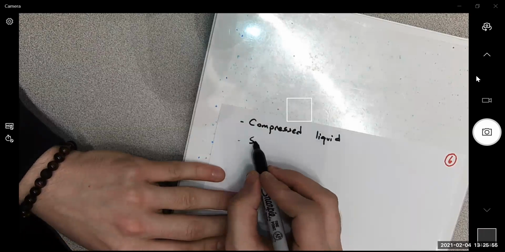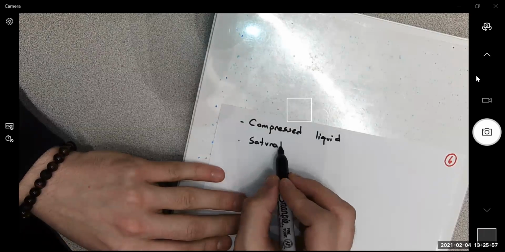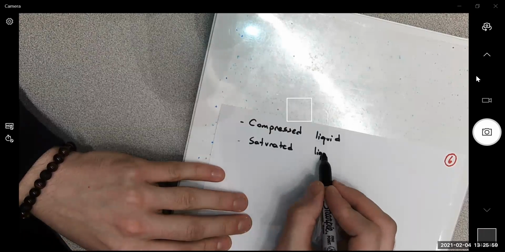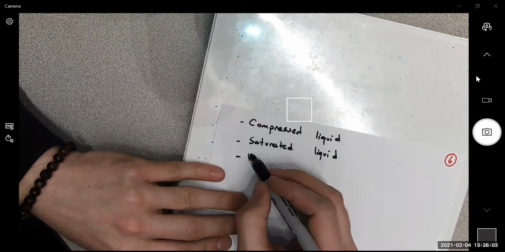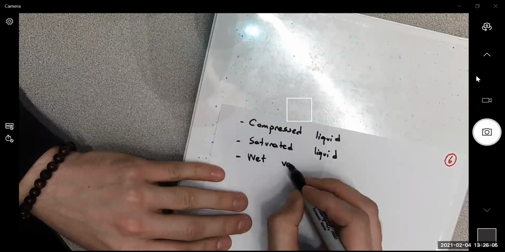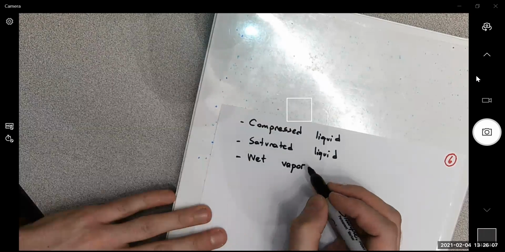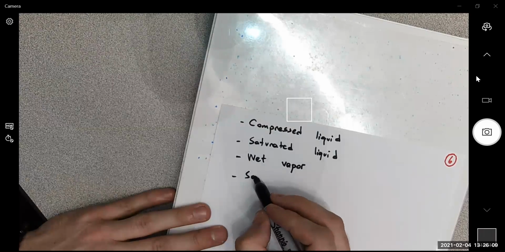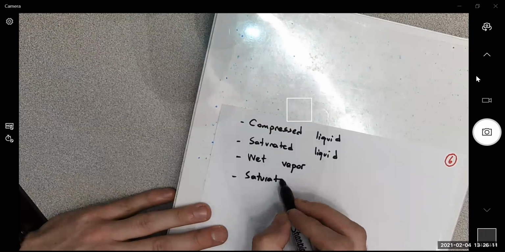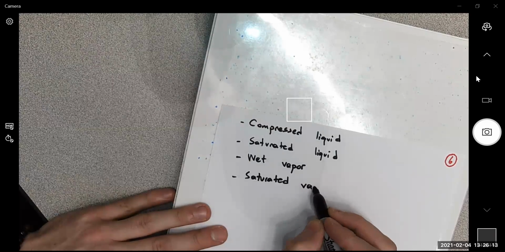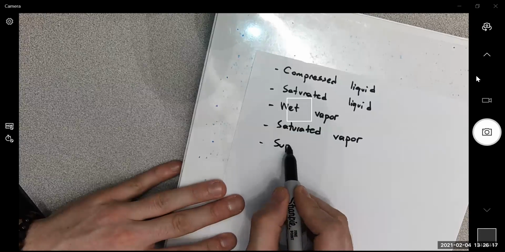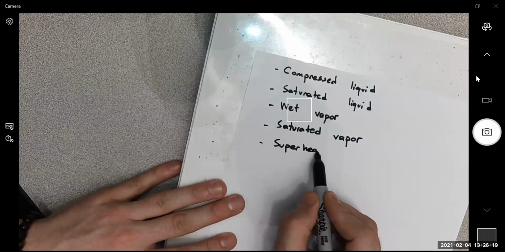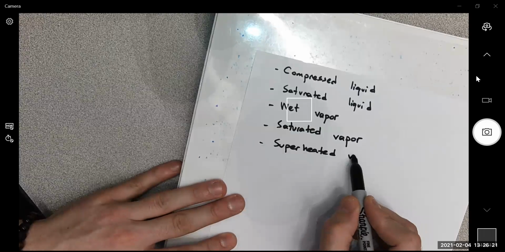Is it saturated liquid? Is it wet vapor? Saturated vapor? Or is it superheated vapor?